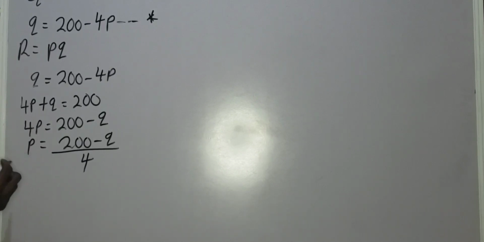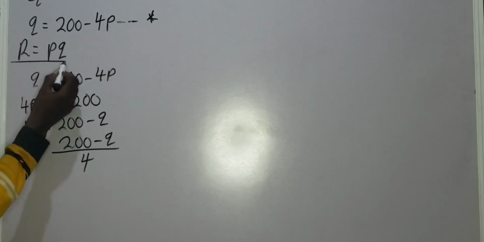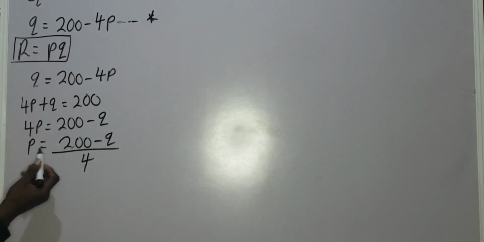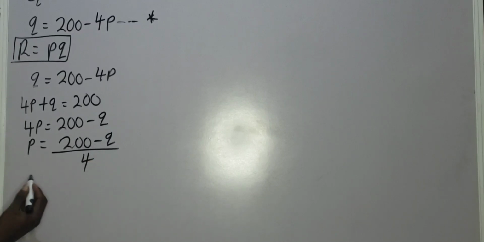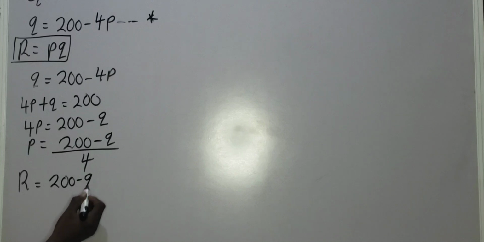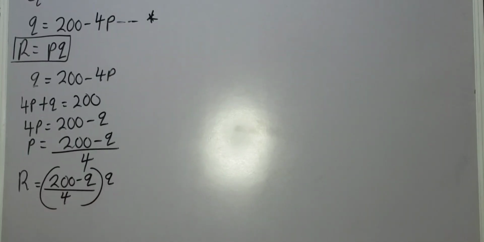So having done this, we can determine our revenue. Don't forget that revenue is equals to price times quantity. And price is what? 200 minus Q over 4. So revenue, which is R, is equals to 200 minus Q all over 4 multiplied by Q. Do you understand?